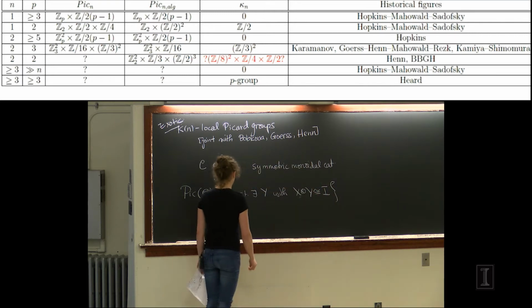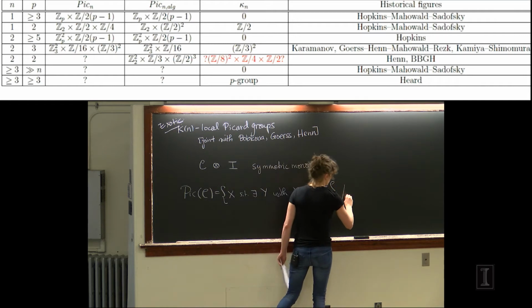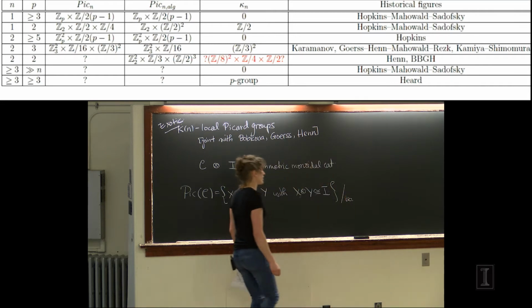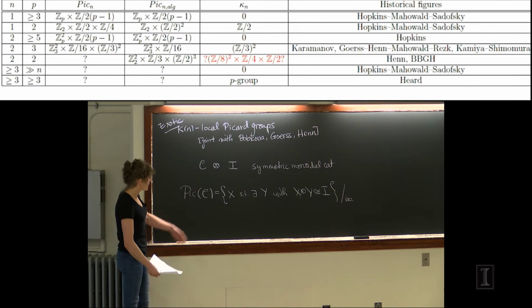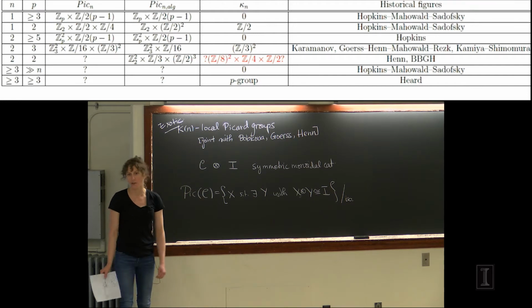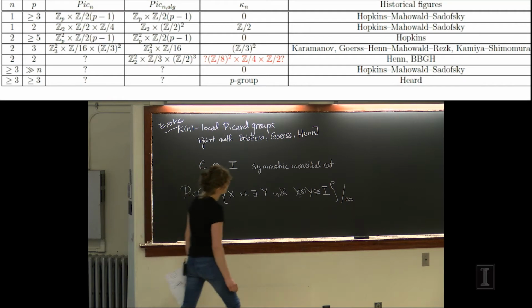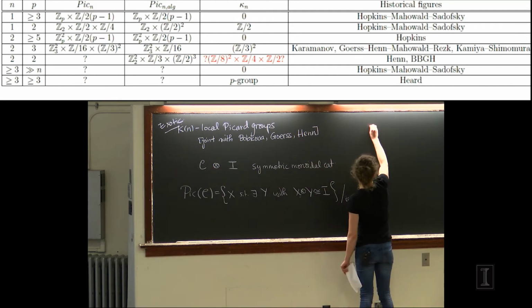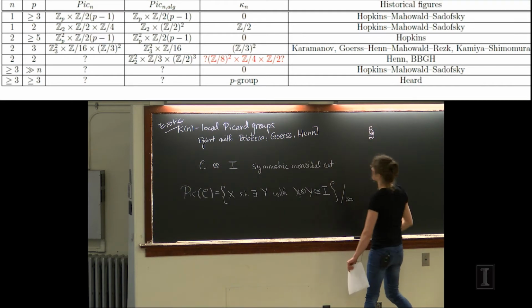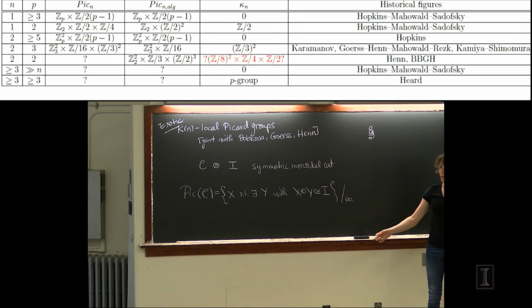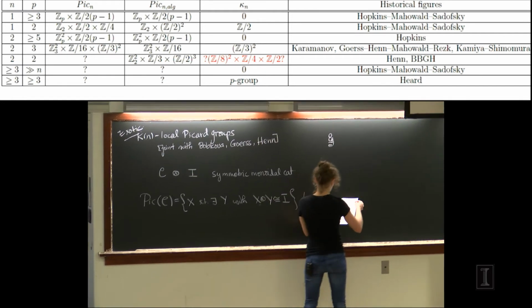OK? And in fact, I look at this modulo isomorphisms, and provided that this is a set, it's a group, and that's called the Picard group of the category C. So for this talk, the kinds of examples that I'll have in mind come from homotopy theory. Surprise.